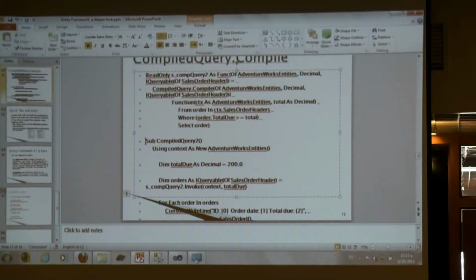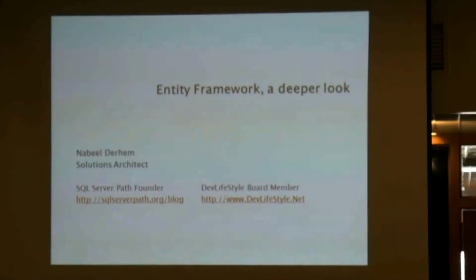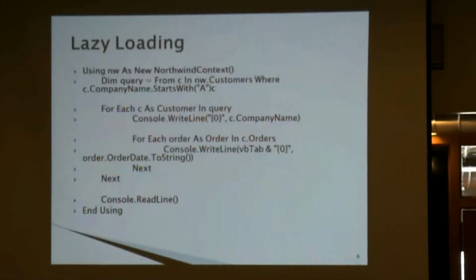Now, in your normal code, whenever you need it, you just say, invoke this, and send my context, and send the parameter I need. The point, you don't have to understand the exact code, but just the idea is you have it somewhere where you can cache your queries so the next time they run faster. The Entity Framework will try caching, but it's not as effective as you saying, please cache it from the start. So this is also one way to improve performance in your Entity Framework application.